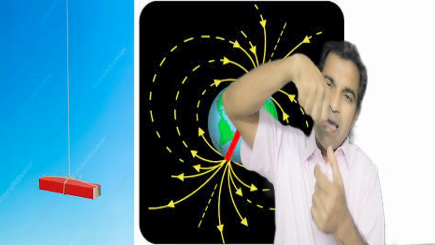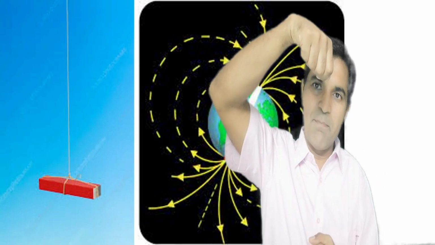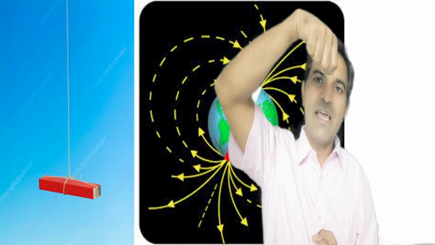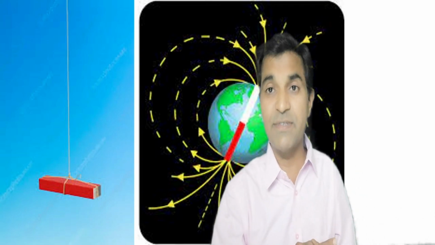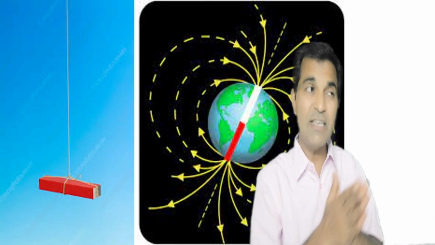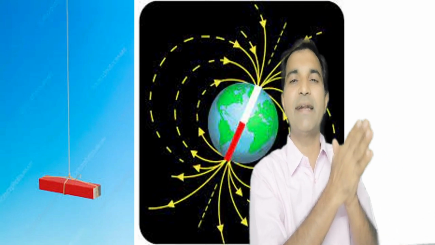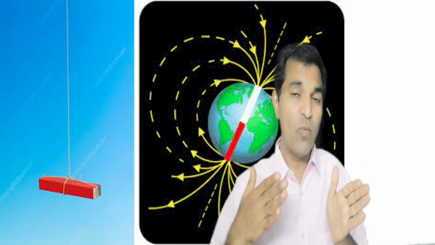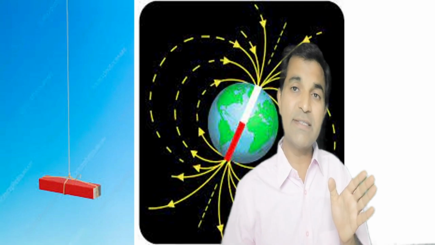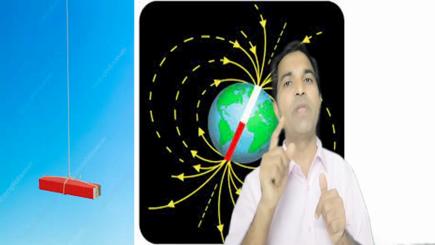So whenever we freely hang a bar magnet with the help of a thread, we observe that it always tries to align towards the magnetic north and south pole. So the north pole of a bar magnet always tries to align towards the magnetic south pole of the earth.